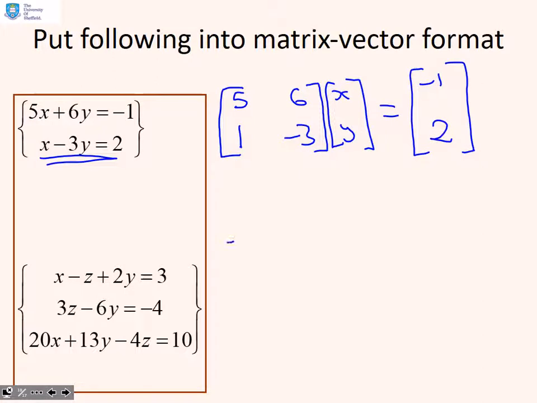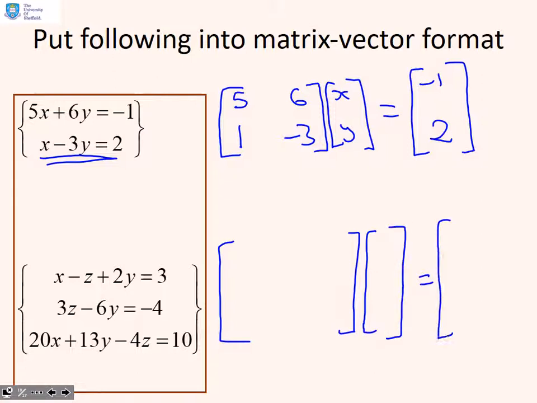Now if we look at these three simultaneous equations, what I'm going to do is define my structure first. You can see I've written my brackets to see what's going on. So first, take the top row. So I'm going to have multiplying a vector x, y, and z. So in the top row I get 1x, 2y, minus 1z equals 3.